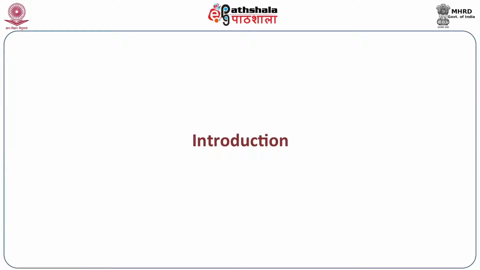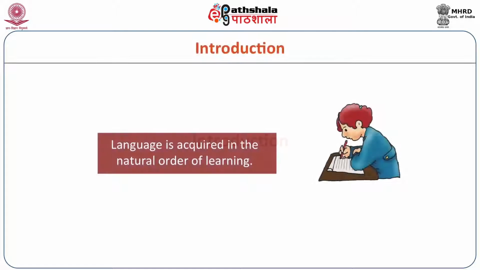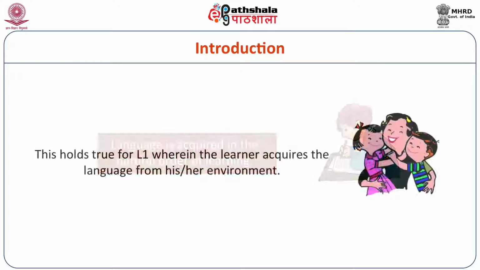Learning a language is an important thing, and when you acquire a particular language, we say that the English language is acquired. In the natural order of learning, when you acquire, that is all the more important. This holds true for L1, wherein the learner acquires the language from his or her environment.